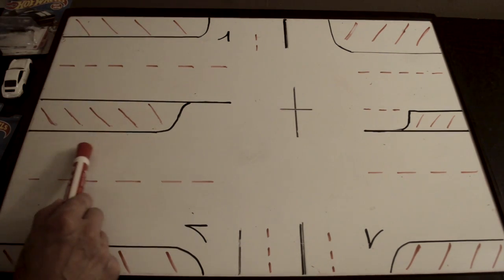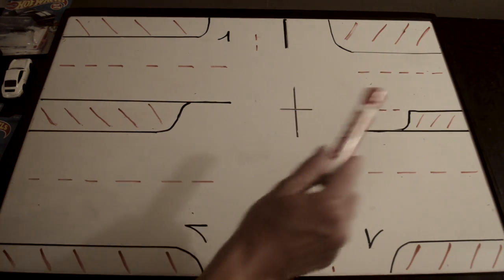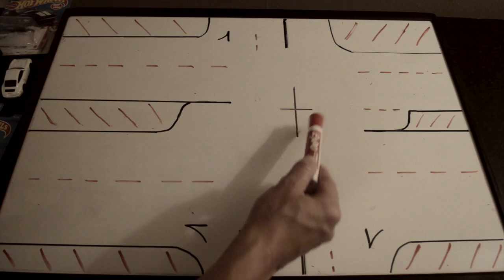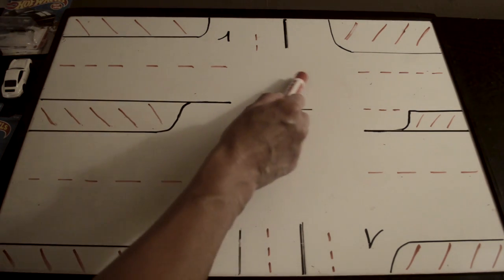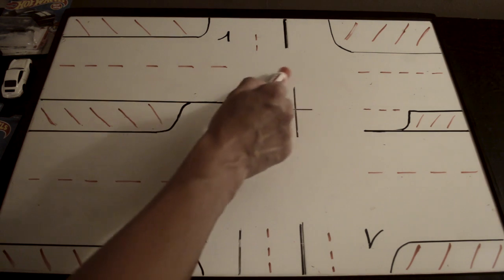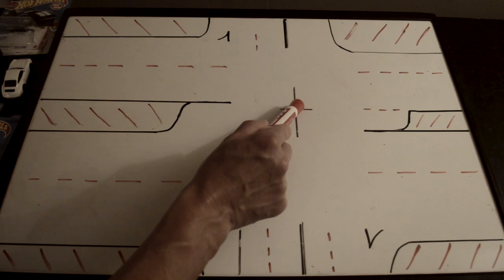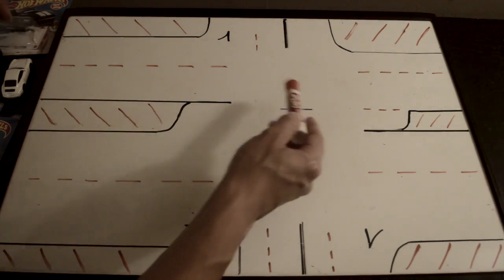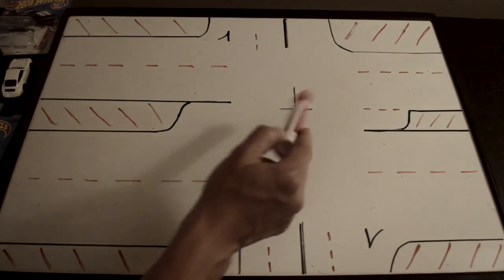And I will make up names for the roads. So this cross here right in the middle is symbolizing the light. This is the traffic light.